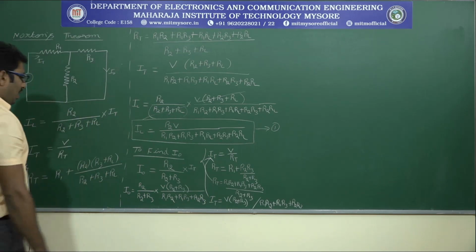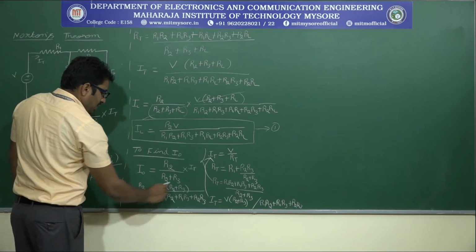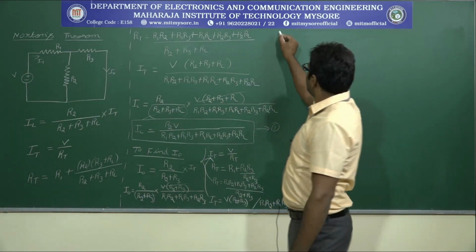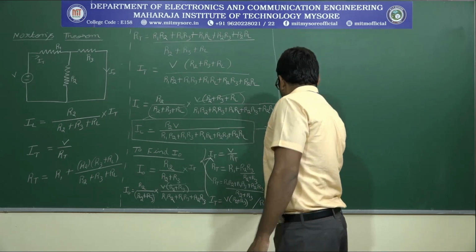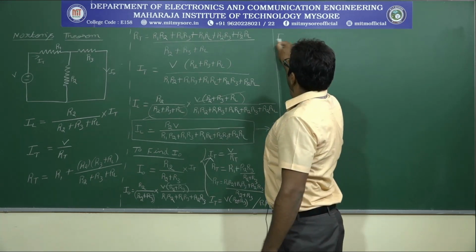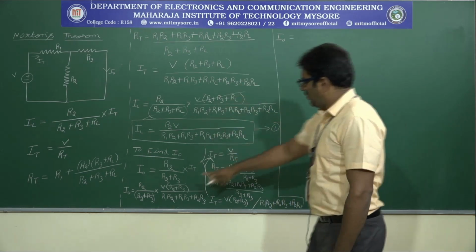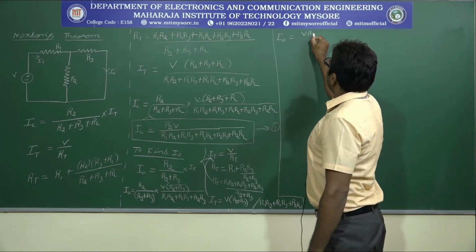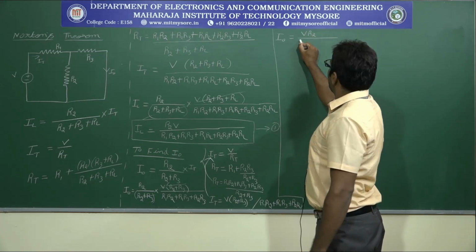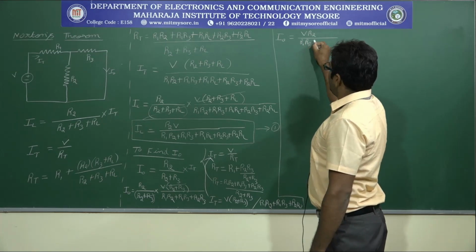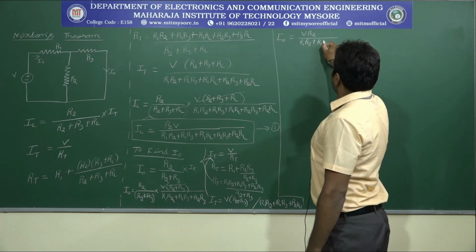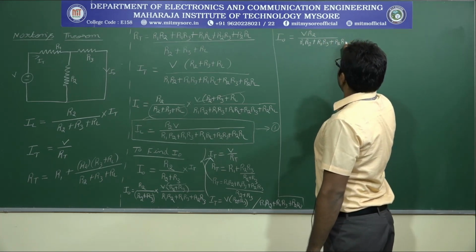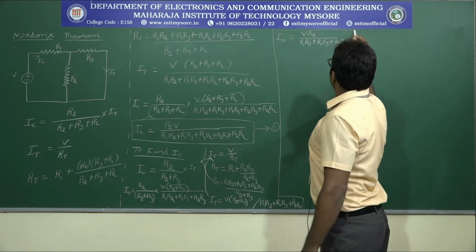R2 plus R3 will get cancelled. Then what is remaining? I naught is equal to V into R2 divided by R1 R2 plus R1 R3 plus R2 R3. So this is I naught.